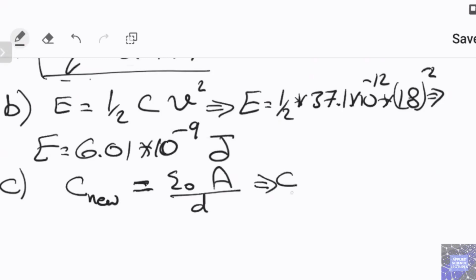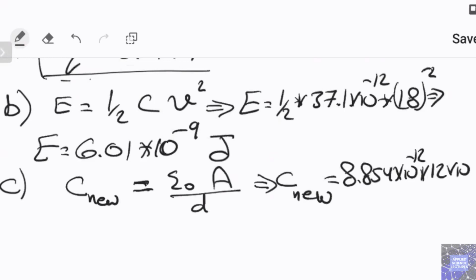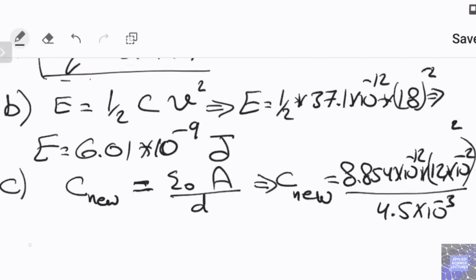So in this case, C new is 8.854 10 to the power minus 12 times 12 centimeter squared divided by 4.5 10 to the power minus 3, and C new in this case would be 28.3 picofarad.